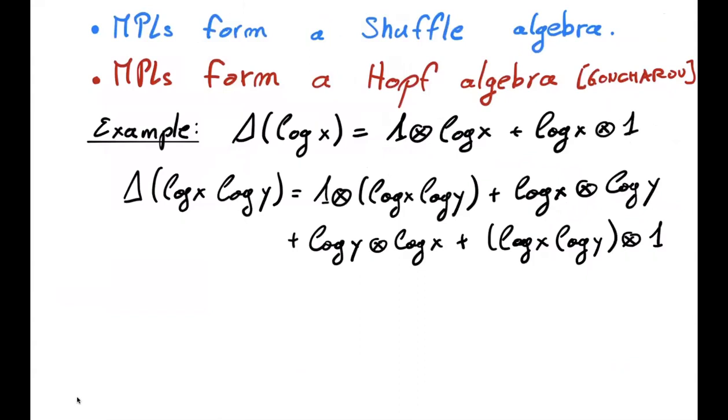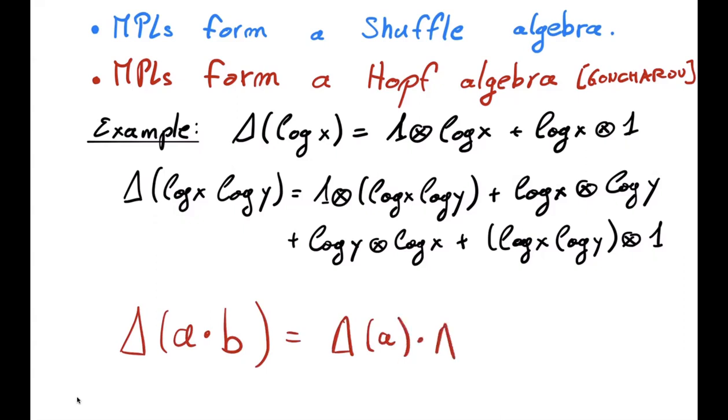Another example would be the next most complicated. What about the product of two logs? Here I require that my co-product respects multiplication. The elements delta V and delta V are tensors, so I also have to tell you how you should multiply things like this.